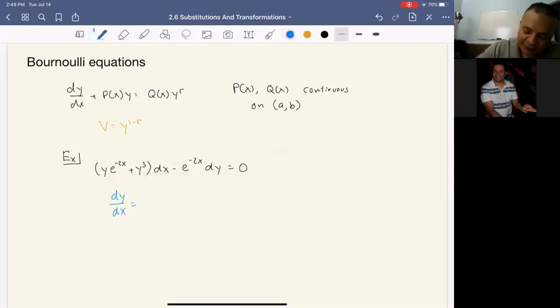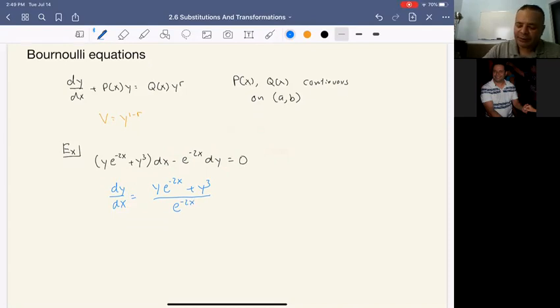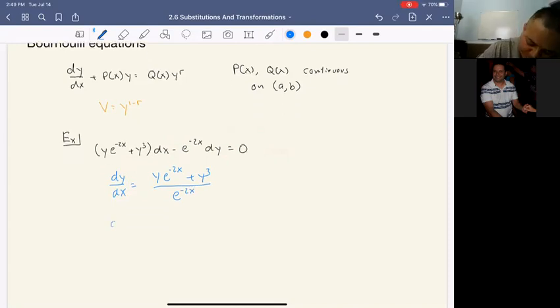So we're going to get (y e to the negative 2x plus y to the third) divided by e to the negative 2x. I'm going to do a little bit of simplification. dy/dx equals y plus y to the third e to the 2x. Okay, so far okay?